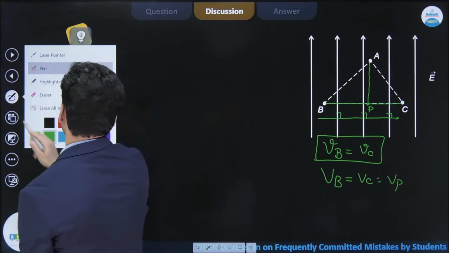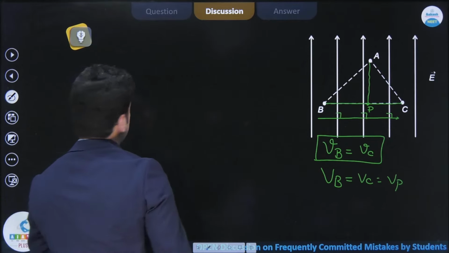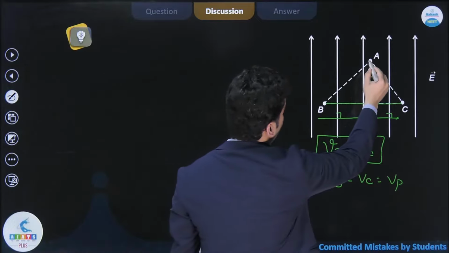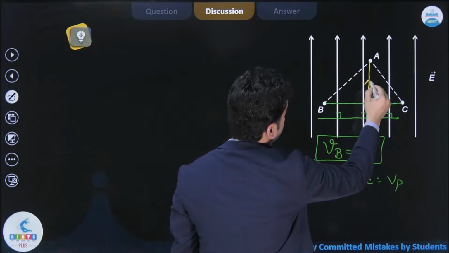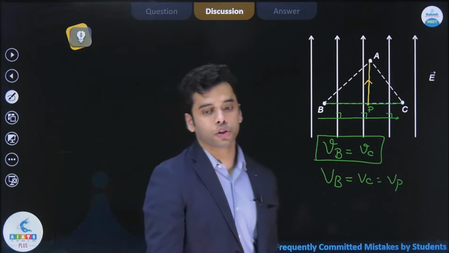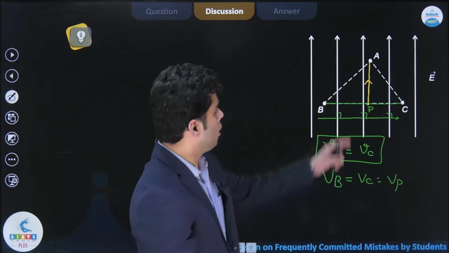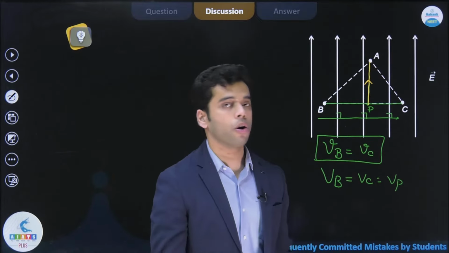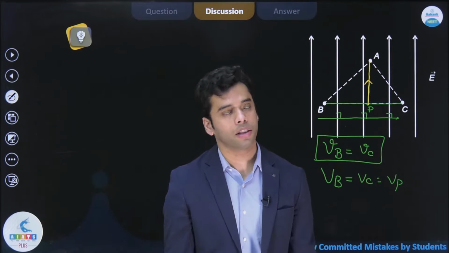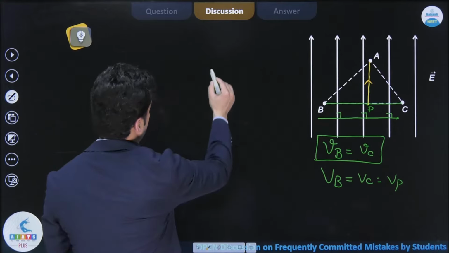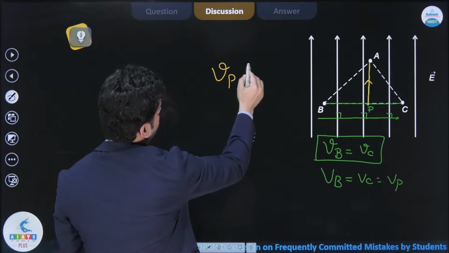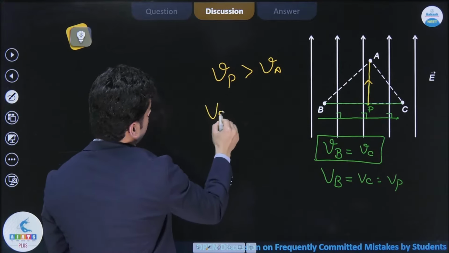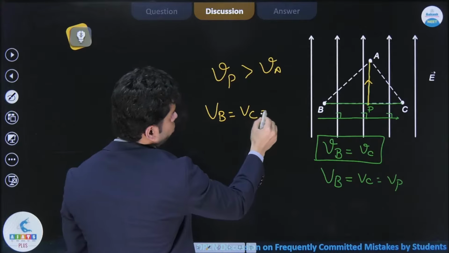Now from P to A I'm moving like this. So I'm moving in the direction of electric field. और electric field की direction में potential क्या करता है बेटा? Decrease करता है. So I can write that VP is greater than VA, and I know that VB is equal to VC is equal to VP.